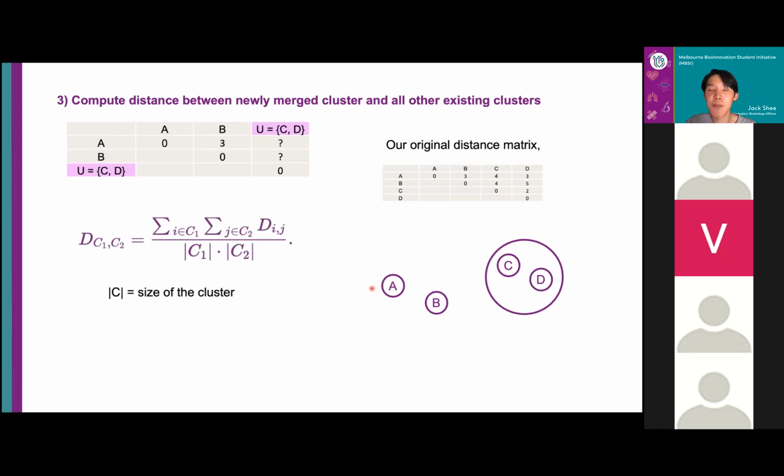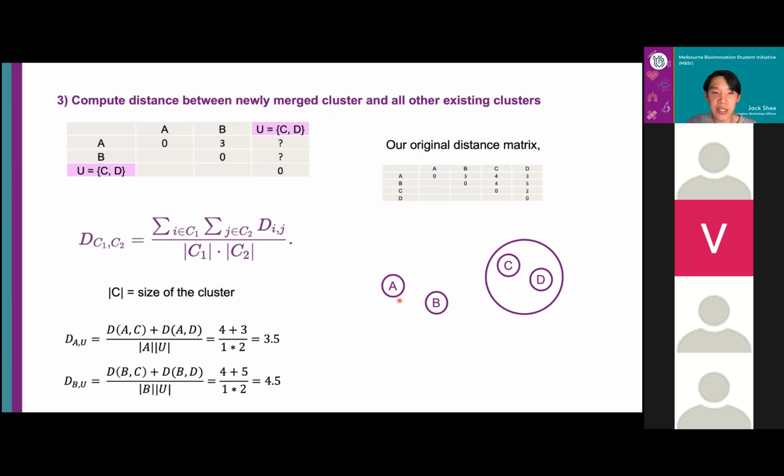So you can think of it as we're looking at each cluster that is not our newly formed cluster, and then comparing the distances between elements in that cluster. So for cluster A, we actually only have one element. So we're comparing the distances between A and C, A and D, and then we're taking the average. And that's going to be the distance between our newly formed cluster and our cluster A. So we can see that here.